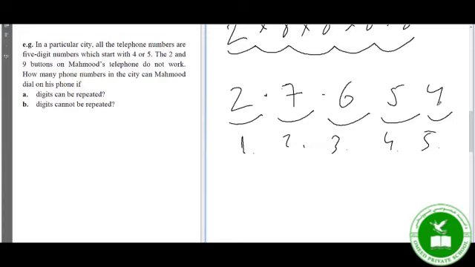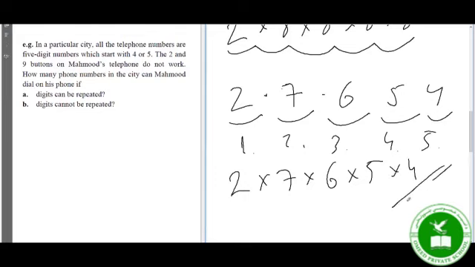So the total number of phone numbers he can dial is 2 times 7 times 6 times 5 times 4. This is the total number Mahmoud can dial for the second case if digits cannot be repeated. For the first digit, he has 2 choices, 4 or 5.